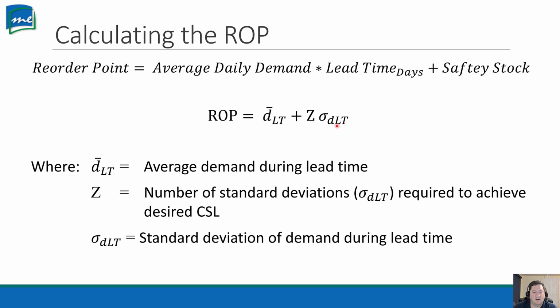Now this is going to be that 1.65, 3, those different numbers, depending on if we're going for 90%, 98%, or 95%. We have to go back to that Z-score and figure that out. Then times our sigma of our demand during lead time, so we have a standard deviation of demand during lead time.